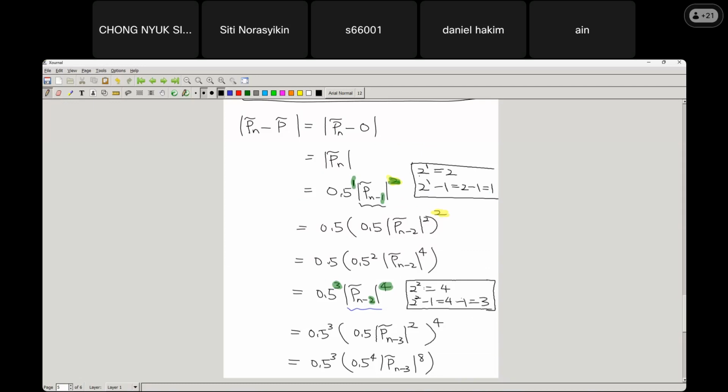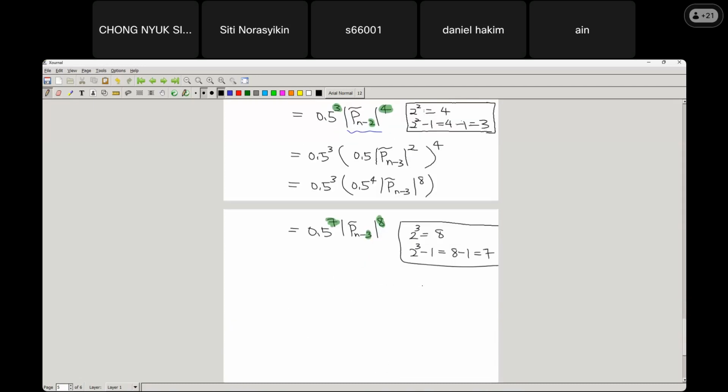So we start from 2 power of 1 equal to 2, and then 2 power 1 minus 1, I get 1. Next, because this is n minus 2, now I have 2 square equal to 4, and then 2 square minus 1, I get 3, so it's satisfied. Next, 2 power of 3 equal to 8, and then 2 power of 3 minus 1, I get 7.